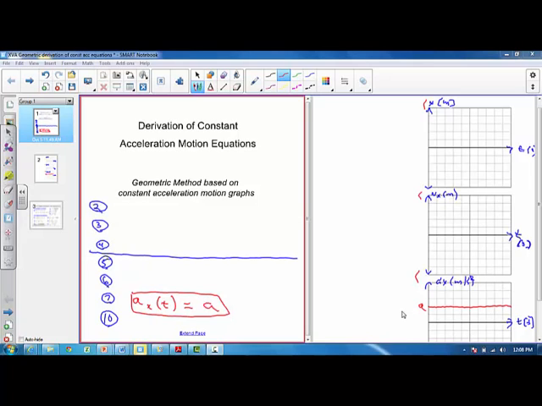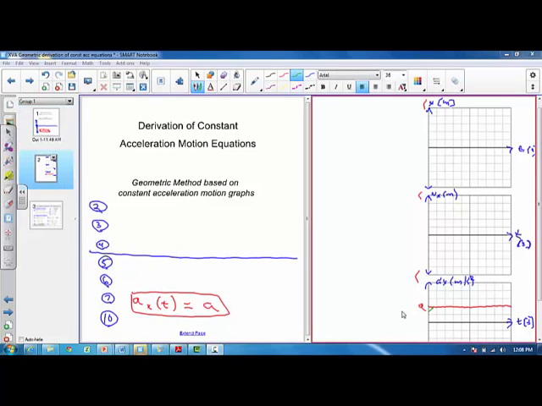The next thing we do, of course, is look at these graphs and work out the next graph above, the velocity versus time, and we do that using areas. So let me switch to a different color here. We're going to take a representative area and work out what that area is. Area of that rectangle equals base times height.